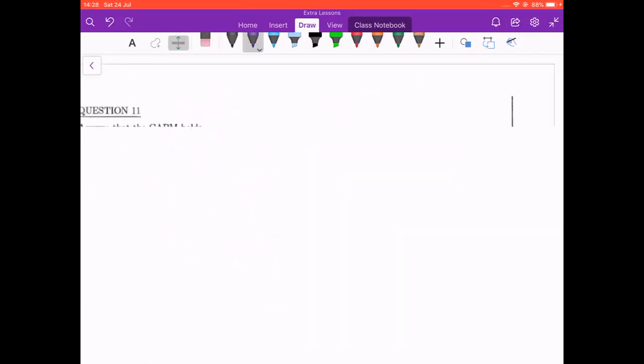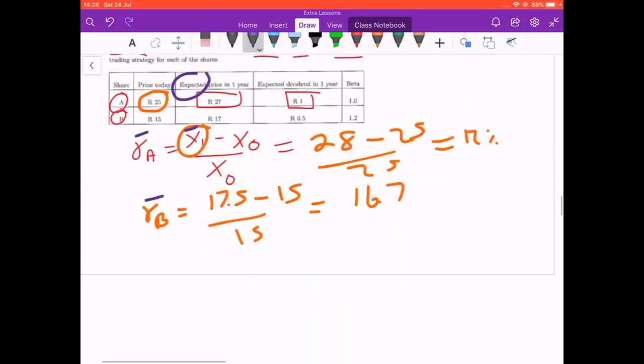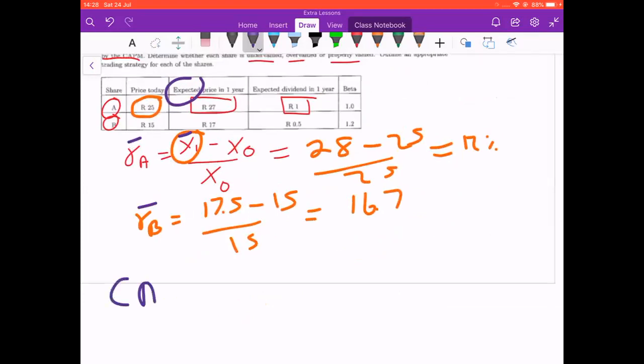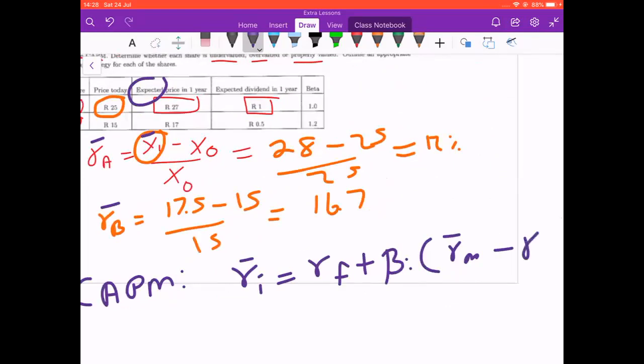Now they want you to use CAPM. Remember that CAPM is basically this: the expected return for asset i equals the risk-free rate plus beta times the return of the market minus the risk-free rate.